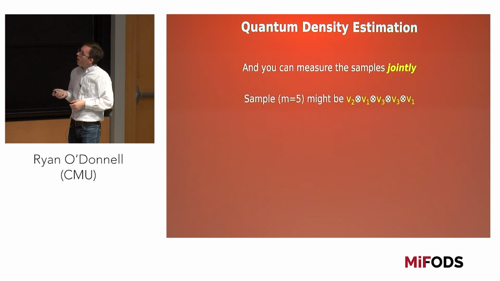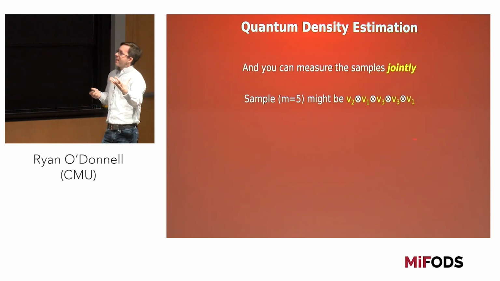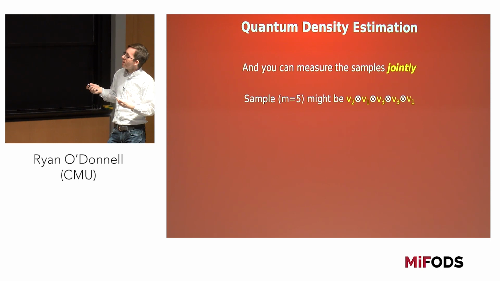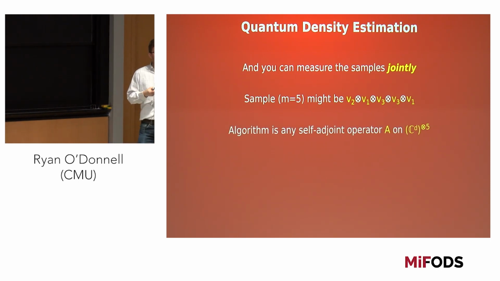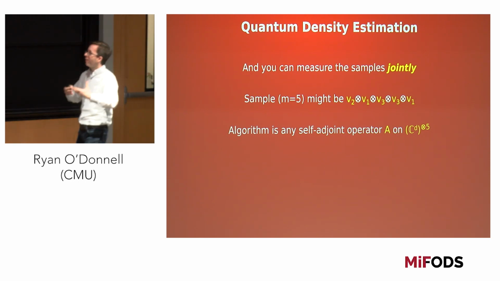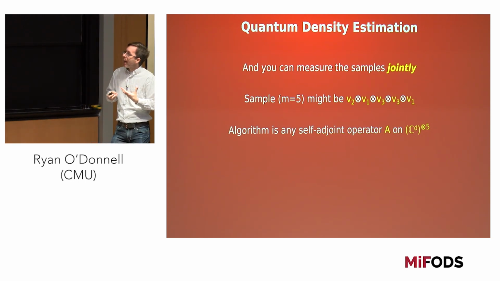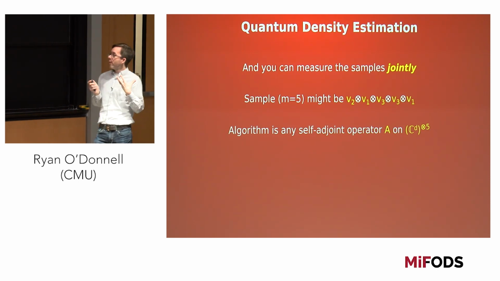OK, so perhaps the sample, if m is 5, is this vector, which is sitting in the 5-fold tensor product of d-dimensional space. I told you it was going to get a little hairy. And the algorithm gets to measure this. So actually, the algorithm can specify any self-adjoint operator on this big space.